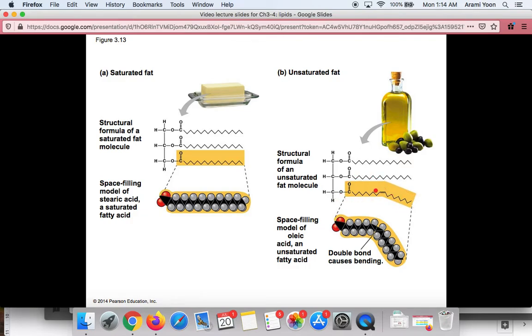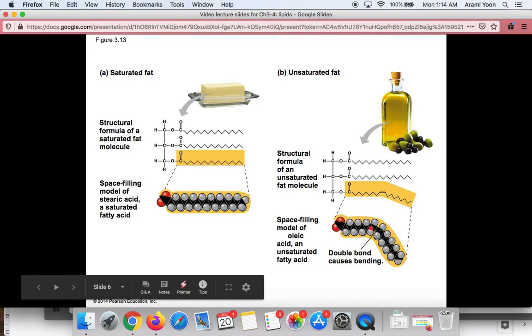And the reason why is there's a double bond right here between the carbon here and the carbon here. And that's going to cause the molecule to bend. It's going to cause it to kink because of that double bond. And it's going to prevent you from having a full saturation of hydrogens. So you're going to have less than the maximum number of hydrogens that you can get.